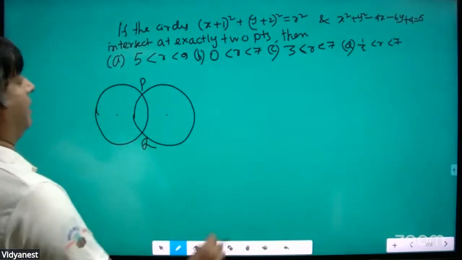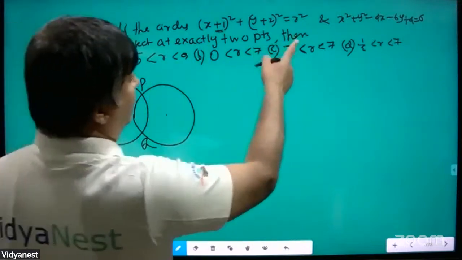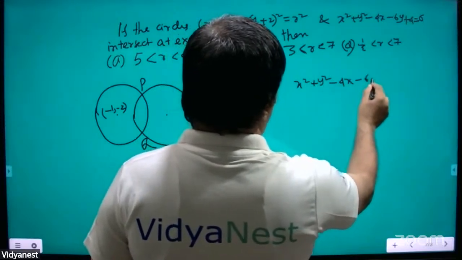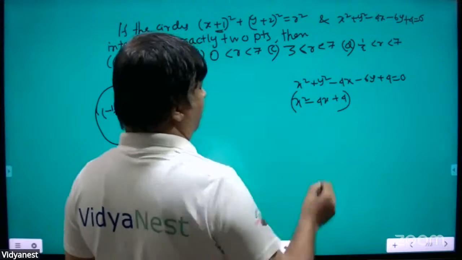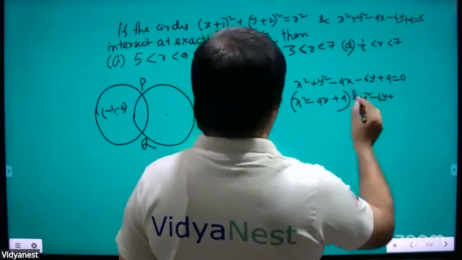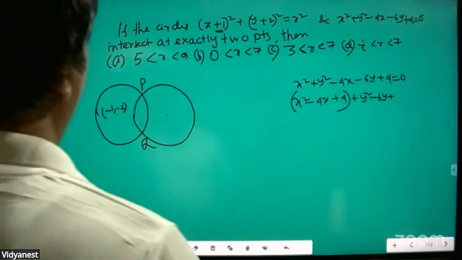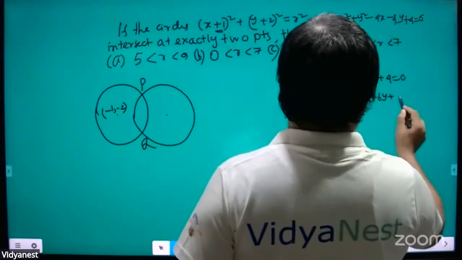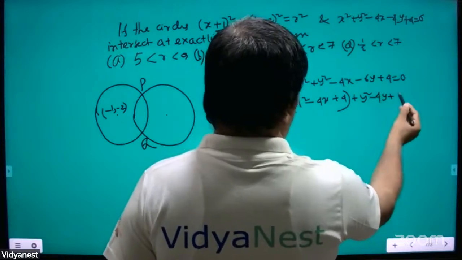The first circle's center is (-1, -2), and for the second circle, compare: x square minus 4x plus 4, then y square minus 4y, some mistake of mine, so I need plus 4.